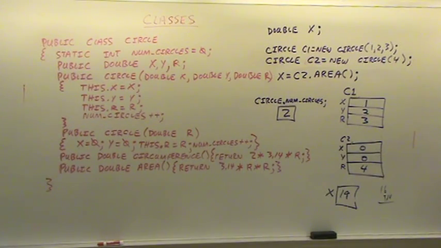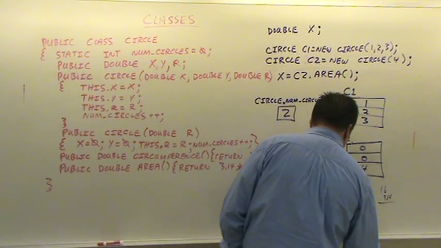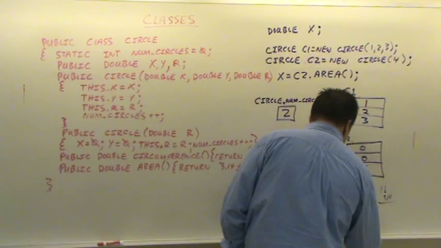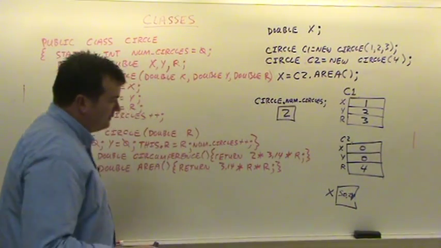It's 50.24. Okay. So that'll be 50.24. And it's a good thing we made this a double so we could take on real values.